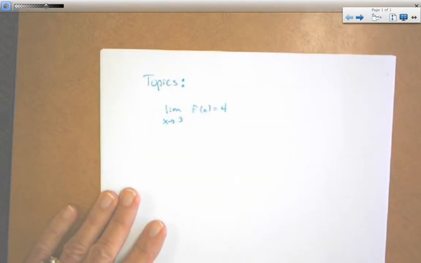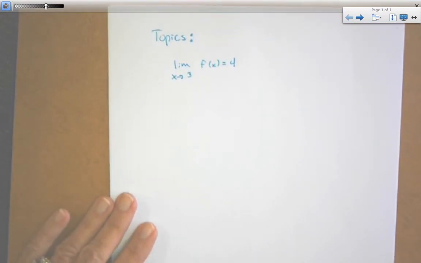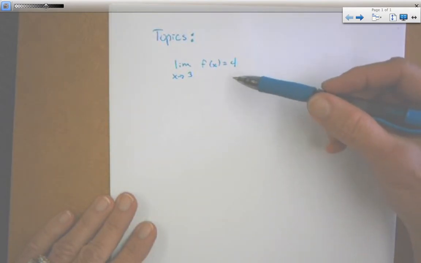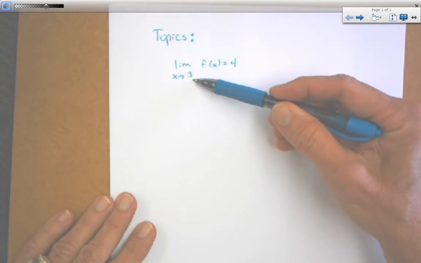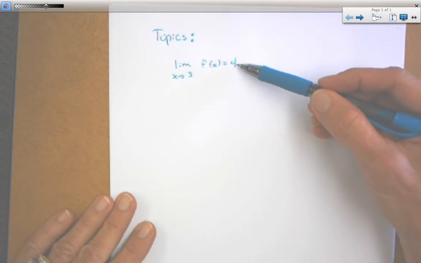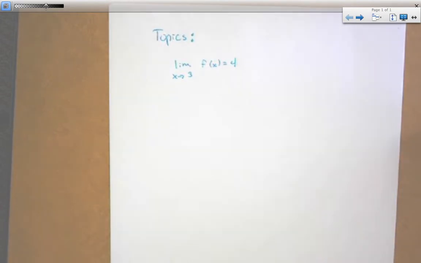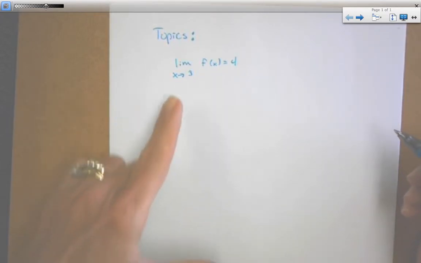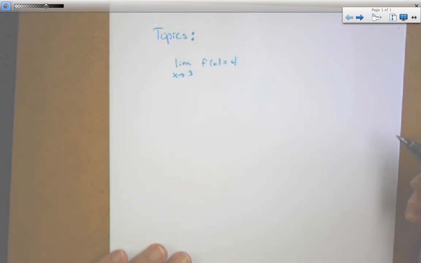And I want to ask you to sketch two different graphs whose limit, coming toward 3, exists on the graph, and the limit is 4. Take a minute and sketch two diagrams on your paper where it describes this situation.